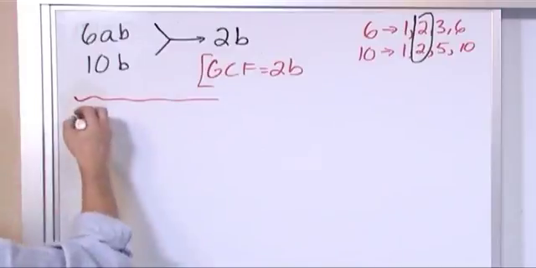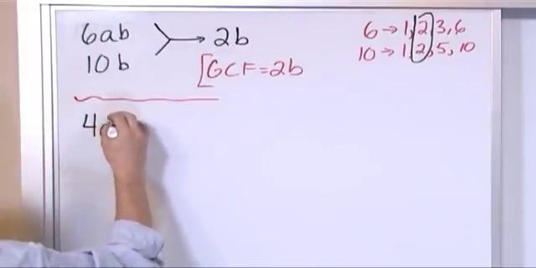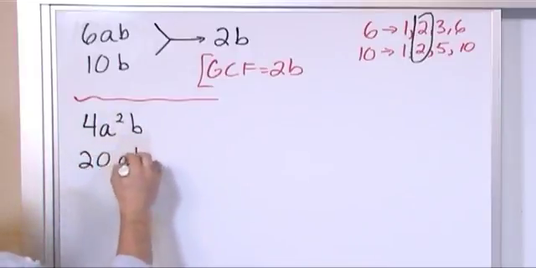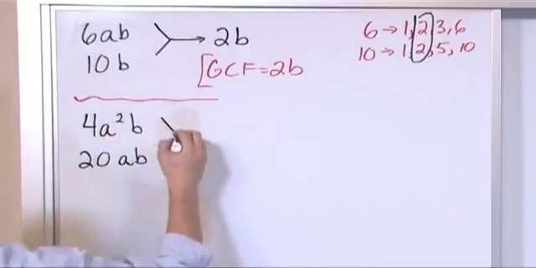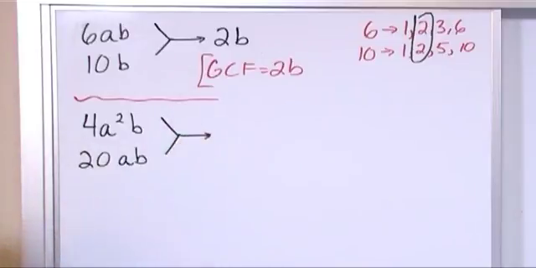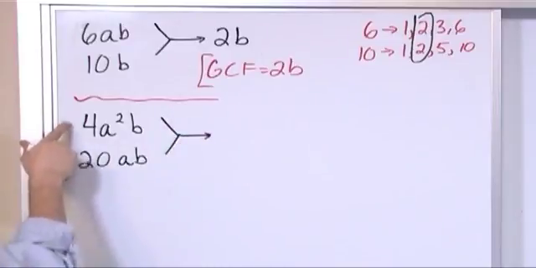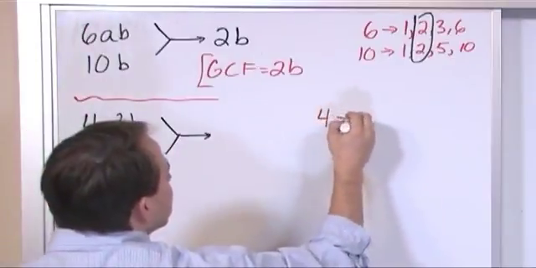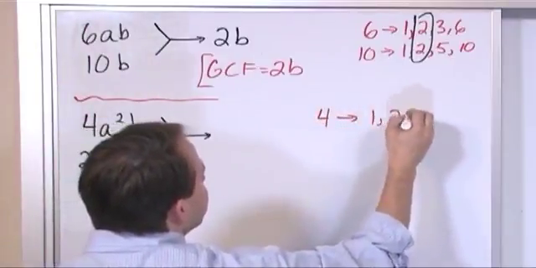All right, let's say we have 4a squared times b, and we have 20 times a times b. Well, we need to find the common factors between 4 and 20. So let's do that over here in the margin. For 4, we have 1, 2, and 4.